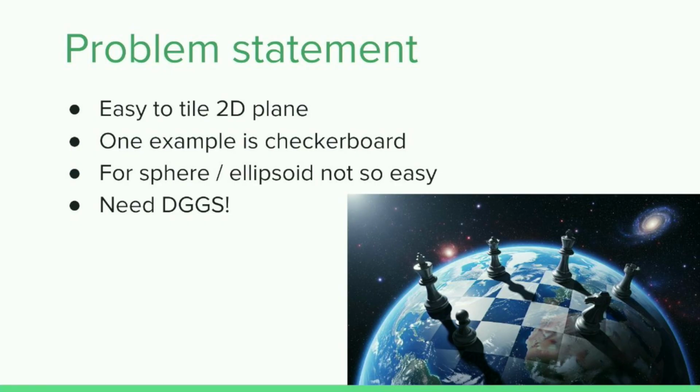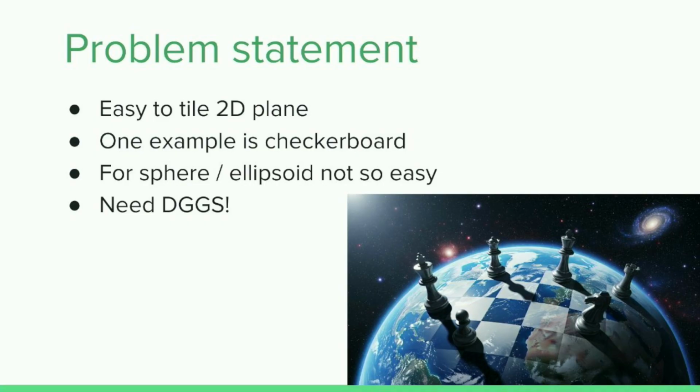So if you think of a city and you want to divide it into blocks, then if you think of the city as just a flat surface, it's quite easy. But this kind of tiling pattern breaks down if you try and extend it over a larger and larger area, because the curved surface of the Earth means that, in the case of squares, they no longer fit onto the surface.